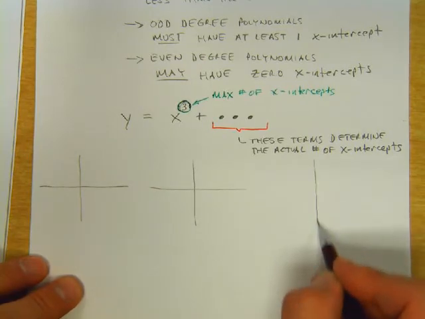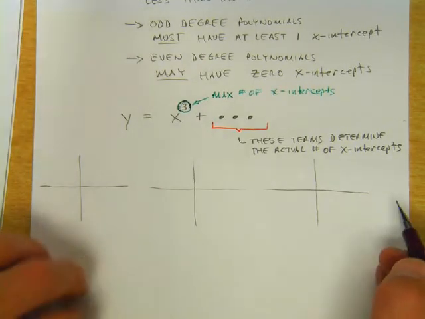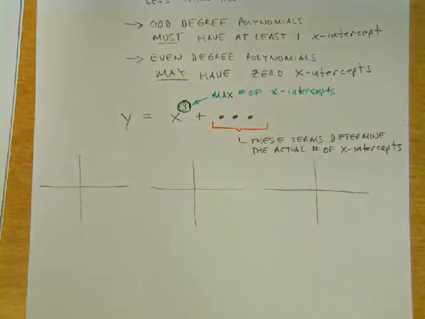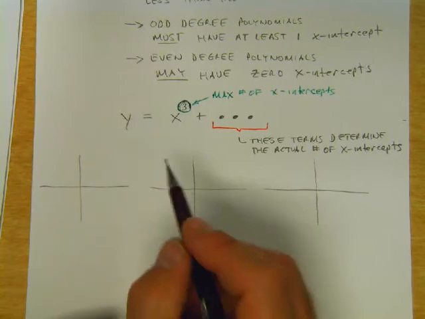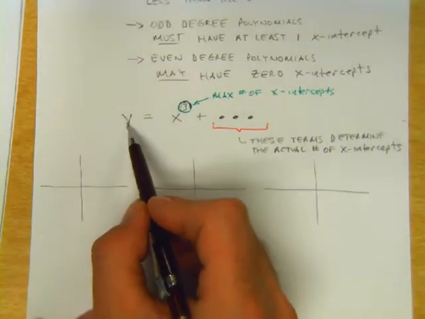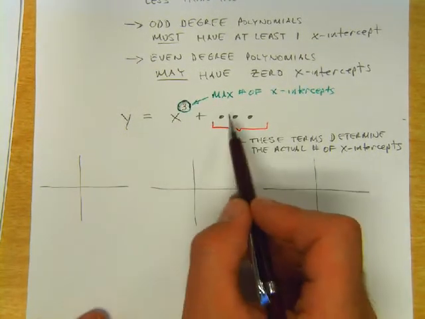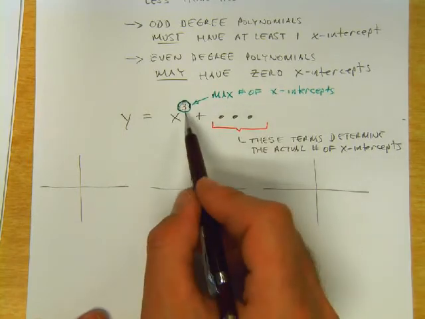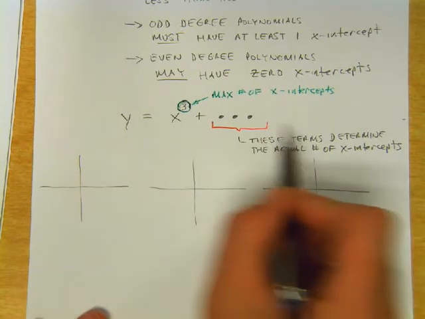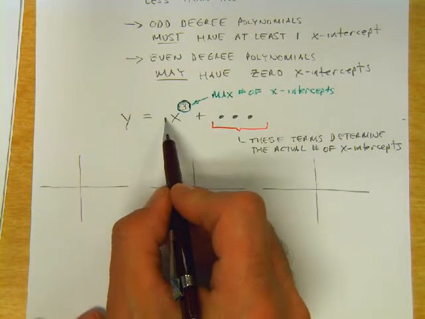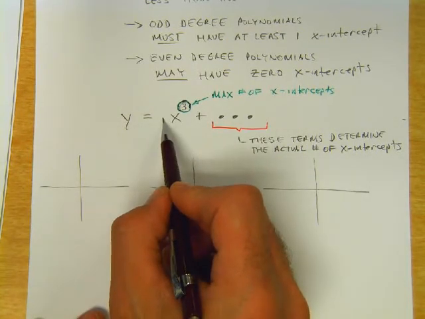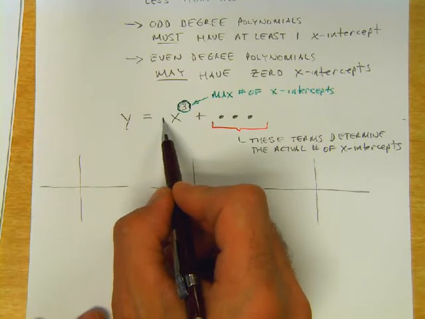So let's look at the first scenario. If we have y equals x to the third and some other terms, the max number of x-intercepts is 3. Now just looking at this, it is positive, so what is the right-hand end behavior? It's up, right? So the right hand is going to be up.